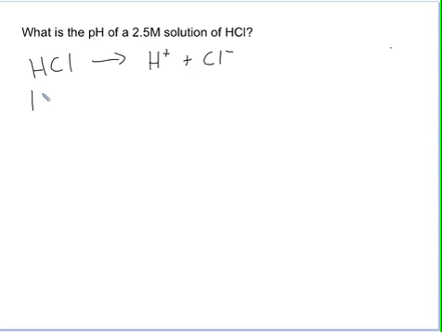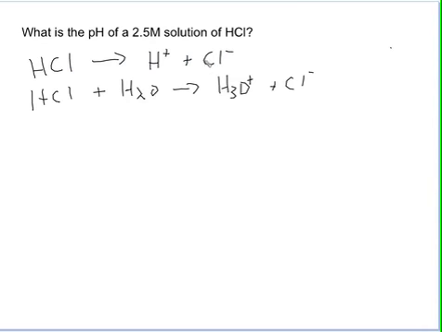Another way to write it would be HCl plus H2O is going to give you H3O plus Cl minus. Now H3O plus and H plus are the same thing. This top way is just a way to write it without showing the water.